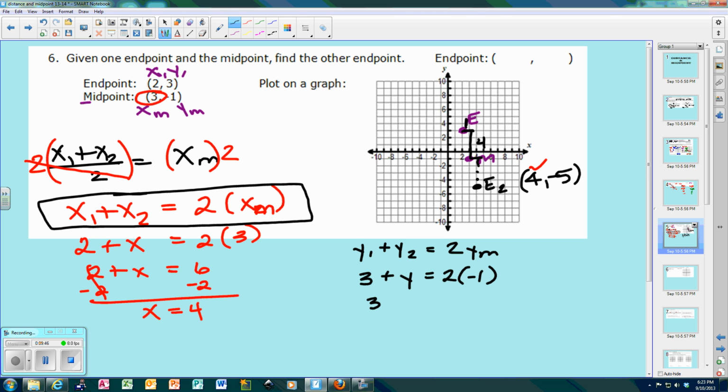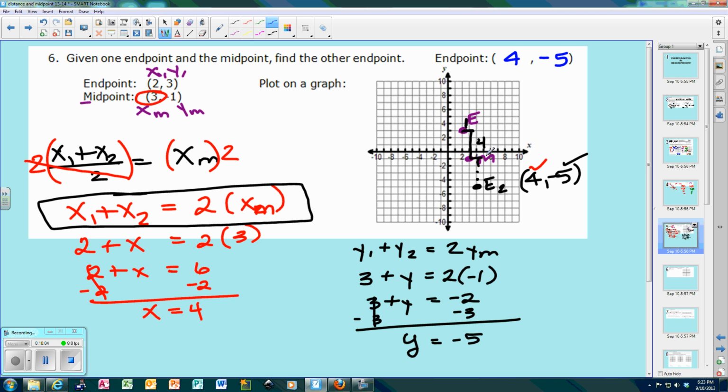So now I've got 3 plus y equals -2. And if I subtract 3 from both sides, I get that y is -5. Check. So my final answer: the other end is located at 4, -5.